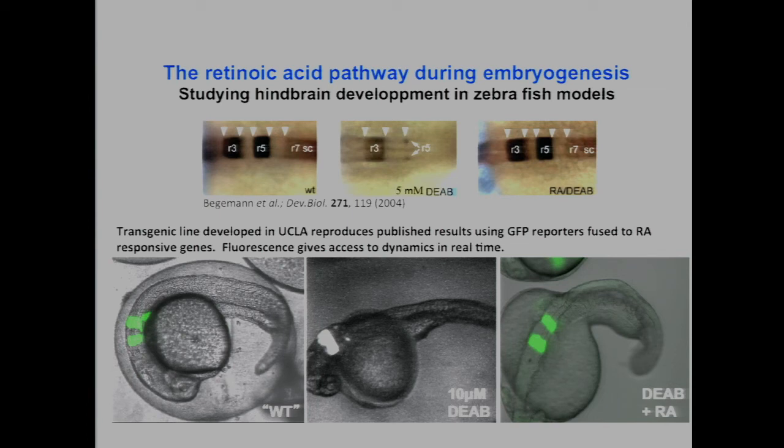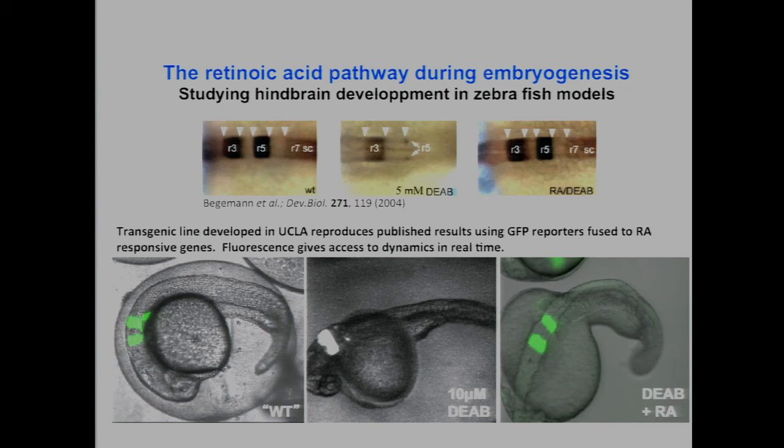This is done by fluorescence in situ hybridization after sacrificing the animal. If you block with a drug the synthesis of retinoic acid, you don't get normal development. You get only one rhombomere developed. But you can rescue this phenotype by adding retinoic acid from the outside, and this is shown here.